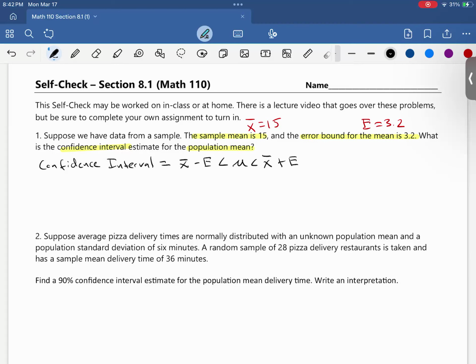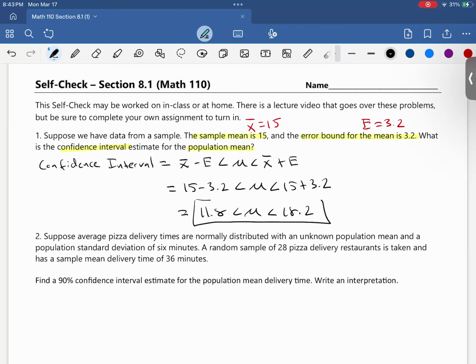So our sample mean minus the error less than the population mean less than the sample mean plus the error. So let's go ahead and plug in our values now. So 15 minus 3.2 less than the mean less than 15 plus 3.2. And so this comes out to 11.8 less than the mean less than 18.2. And that is our confidence interval.